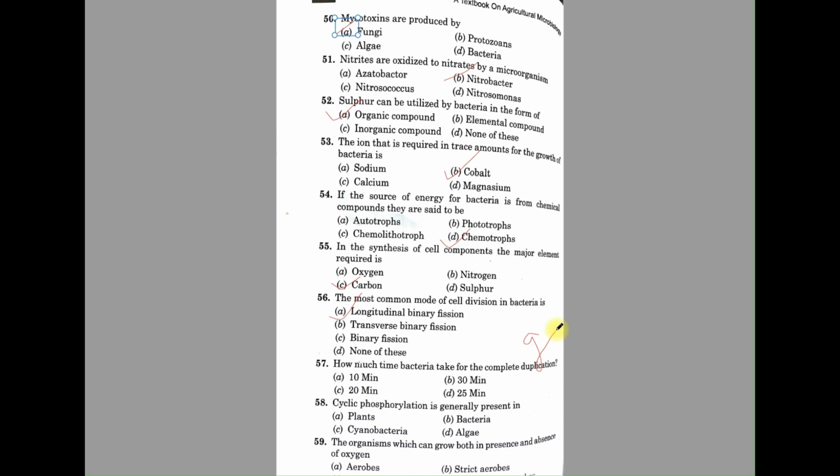So I would say this question is partially incorrect, and they should specify the bacteria, because some bacteria take 2 minutes, some 10 minutes, some 20 minutes, some more than 30 minutes, some take hours, and some take a day for duplication.